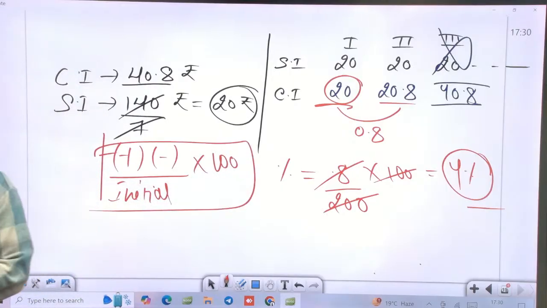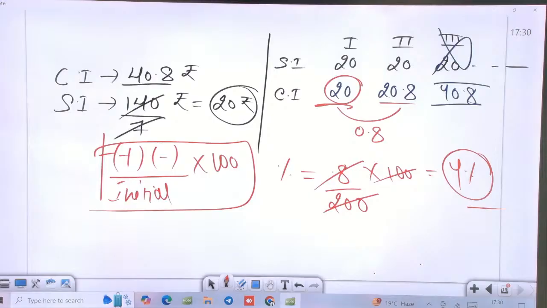That's it. Because we are not comparing it with anyone, we are just taking the difference of the interest only. My suggestion is simple: don't relate the tree with this. I'm using the property that CI and SI for the first year are equal. Understood now? Any problem? Okay, so we have learned three things.